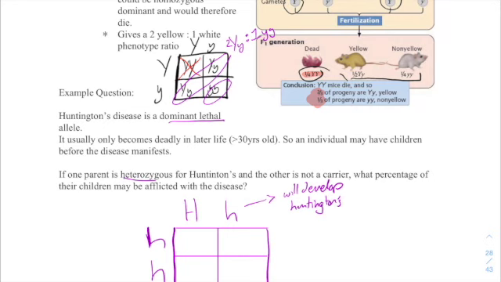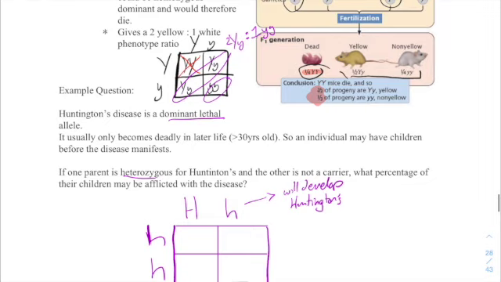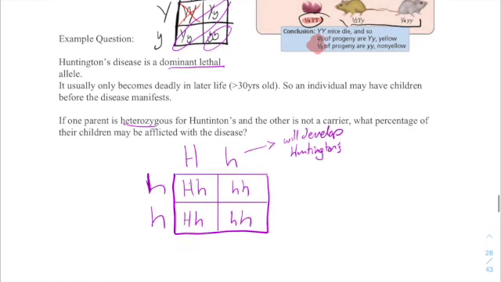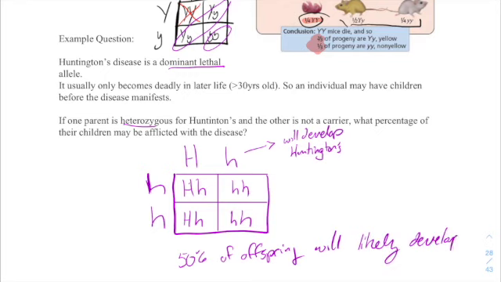So we can see that someone who has Huntington's and chooses to have children, even if they're only a carrier, has 50% of their offspring who will likely develop the disease.